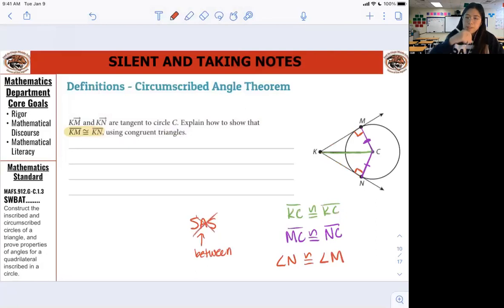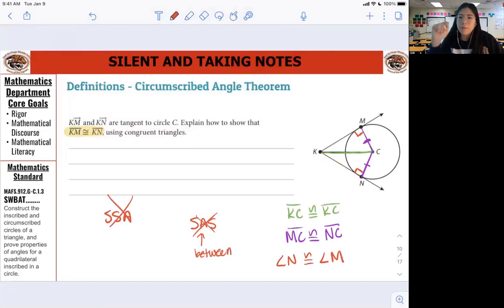So it's not SAS. It's not SSS, Tyrone, because we don't know anything yet about KM or KN. That's what we're trying to prove, but we don't know it yet. And then Perla's saying, well, technically we have SSA, but is that a theorem? No, there's no such thing as SSA.